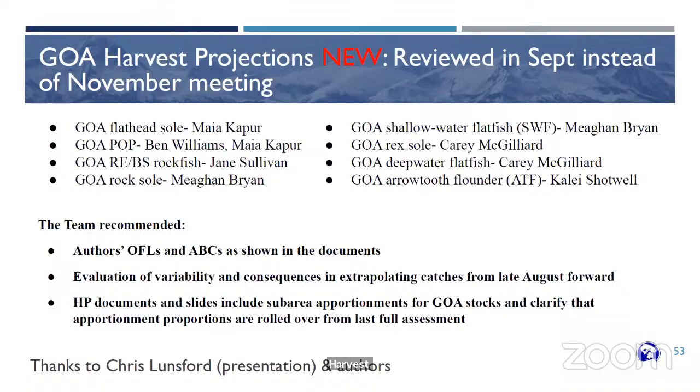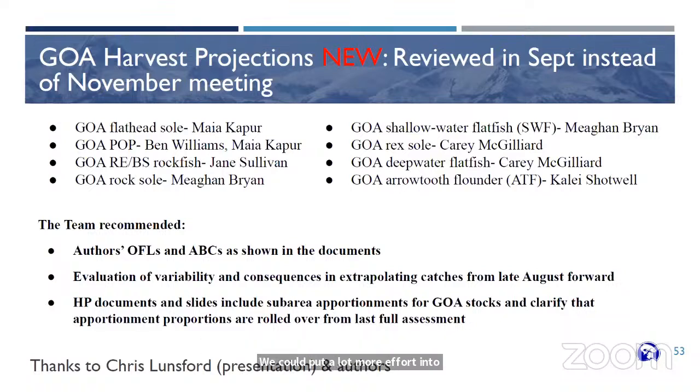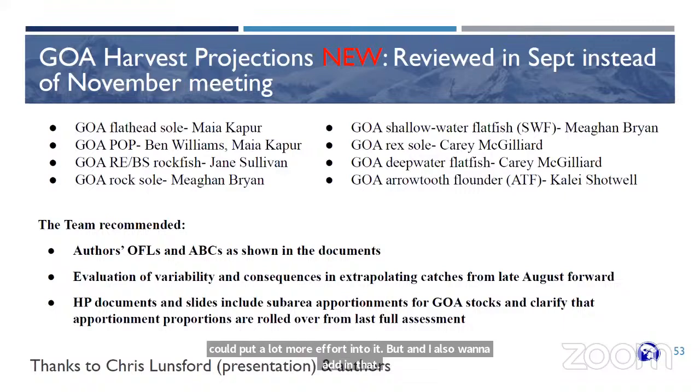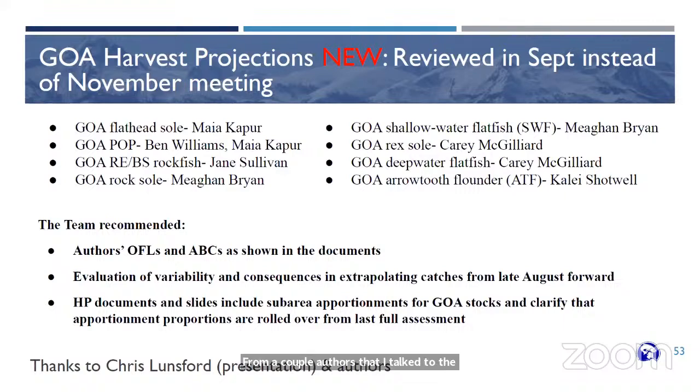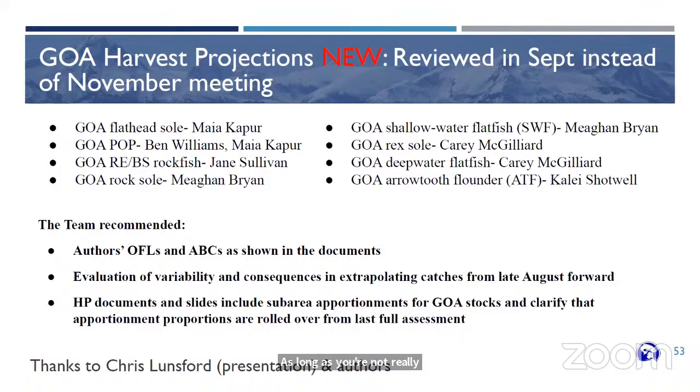We could put a lot more effort into it. I also want to add that, from a couple of authors I talked to, the harvest projection model is quite robust to the catch estimates you put in there. So as long as you're not really wrong on that August catch estimate, we think we're in a pretty safe mode in terms of what we're putting into these assessments.